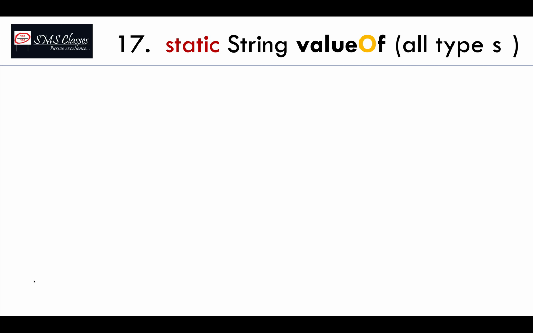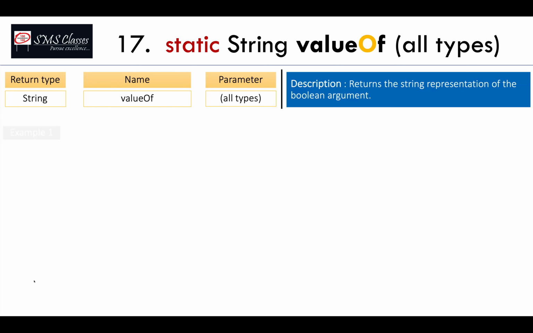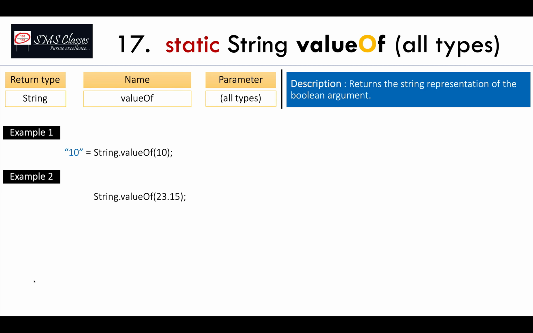Okay, we have a method called valueOf, and you also see it's a static method in String and it supports all the types. Let's see what it does. String dot valueOf 10 is going to return 10 as a string. Again, String dot valueOf 23.15 is going to return 23.15 as a string.